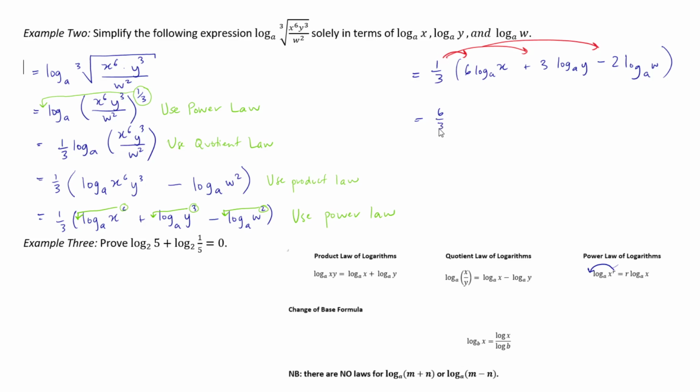So I get 6 over 3 log base a x plus 3 over 3 log base a y minus 2 over 3 log base a w. Okay, and then further simplifying, that's just 2 log x base a plus 1 log y base a minus 2 over 3 log w base a.